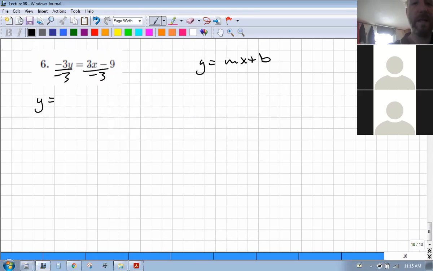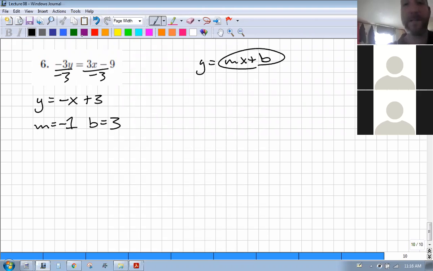So y, 3 over -3 is a negative x. -9 over -3 is a positive 3. So here our m, the thing you're multiplying x by, is -1 because it's negative x. And our b here is 3. It's the thing you're adding to the x component.